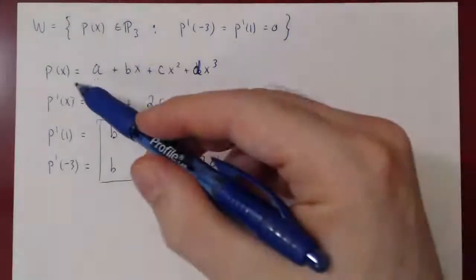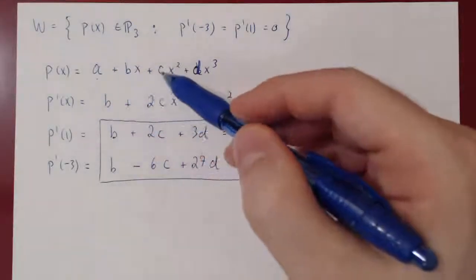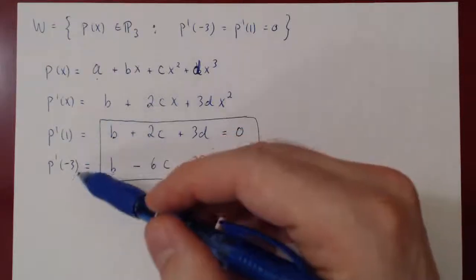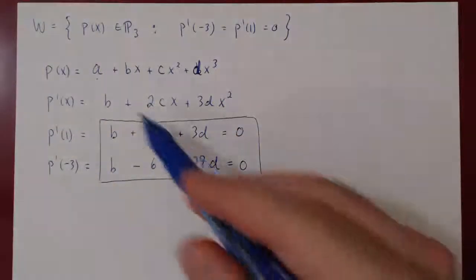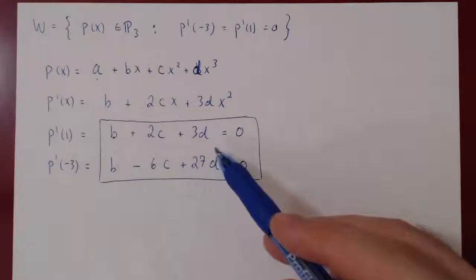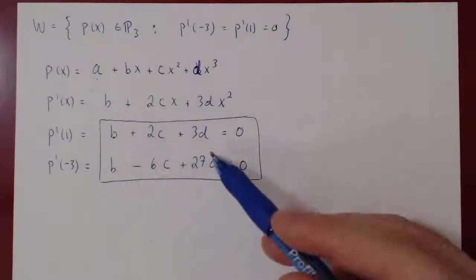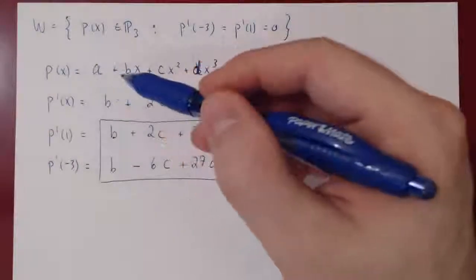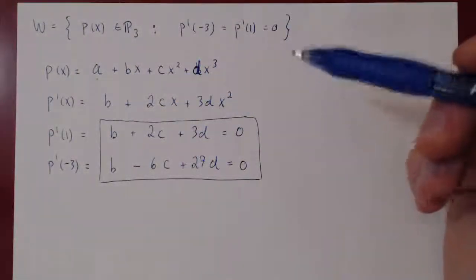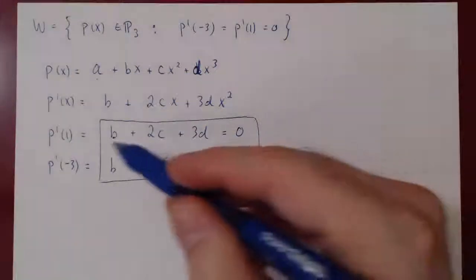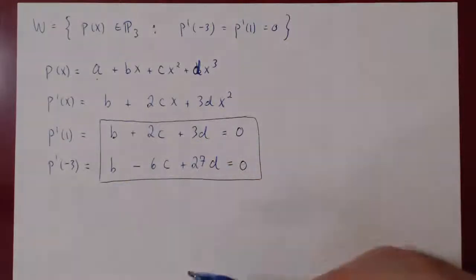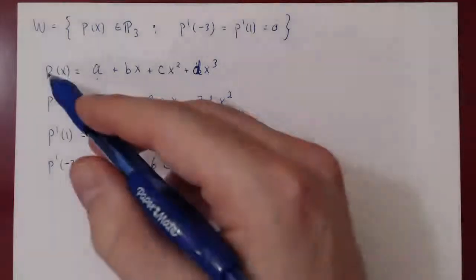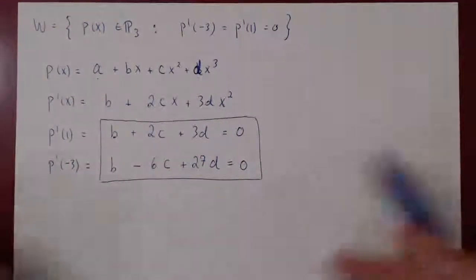You see, the only way that p of x equaling a plus bx plus cx squared plus dx cubed has a derivative of 0 at 1 and negative 3 is if the coefficients of the polynomial are solutions of the linear system. Well, again, this is implicit. We're asking what are a, b, c, d equal to, and now we're saying that they are solutions of this linear system. Well, let's solve it, and then we will have found the elements of our space explicitly.